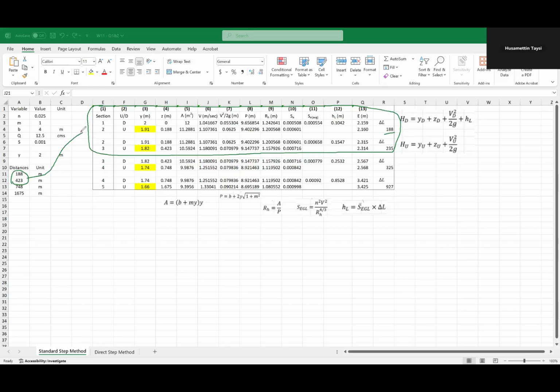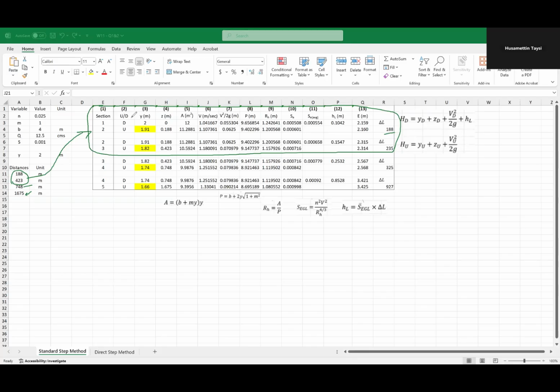So these are these calculations. But we need to find water depths that correspond to these distances from the upstream of the dam.